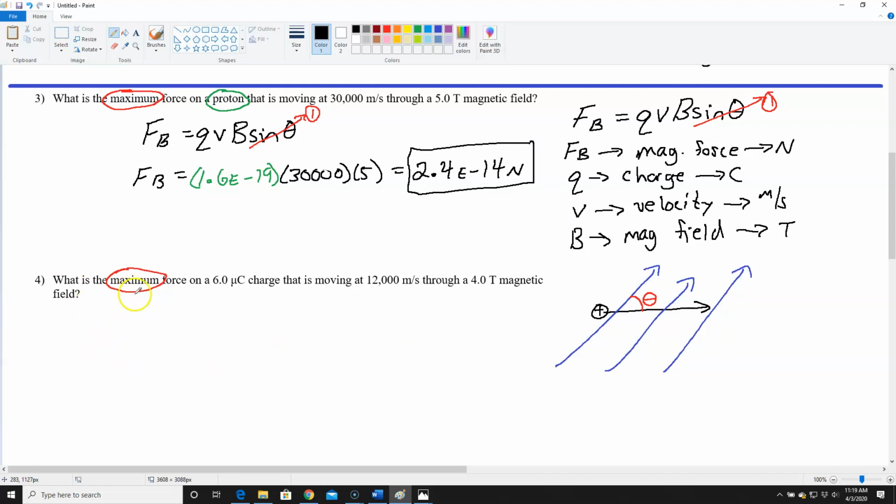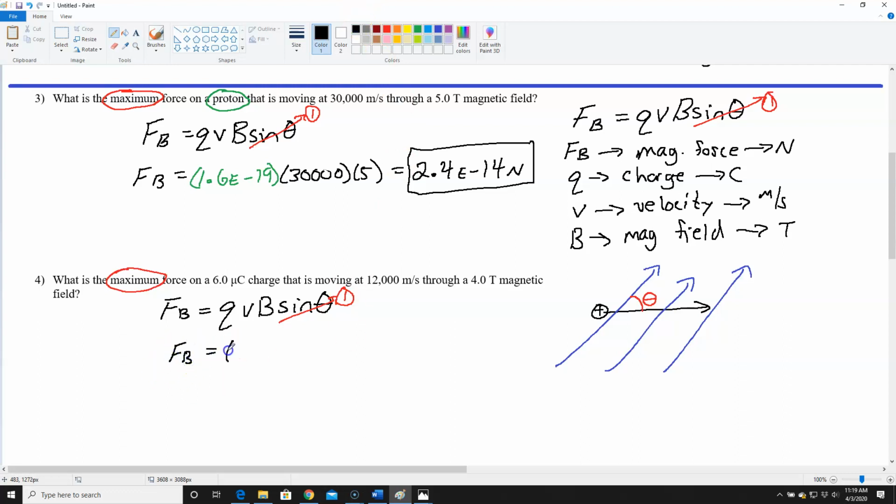Example 4, what's the maximum force on a 6 microcoulomb charge moving at 12,000 meters per second through a 4 Tesla field? Again, maximum force tells me the sine of theta is going to be 1.